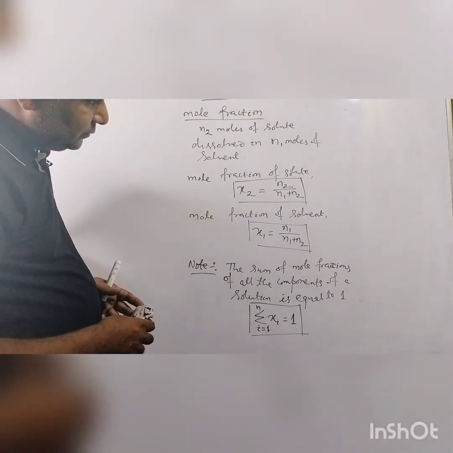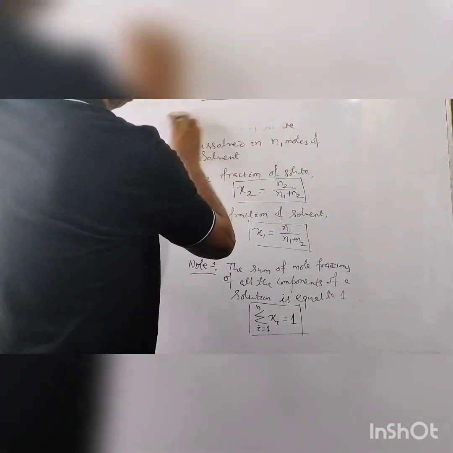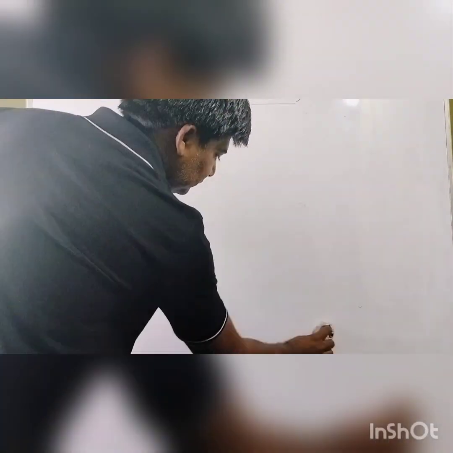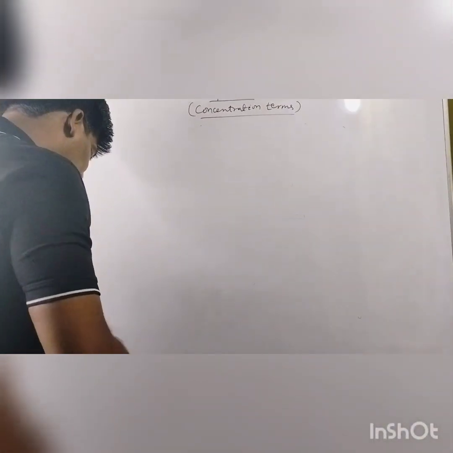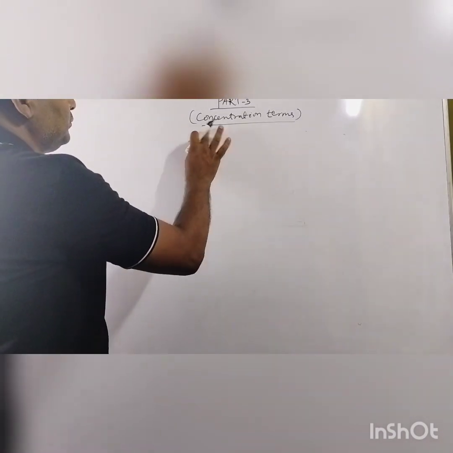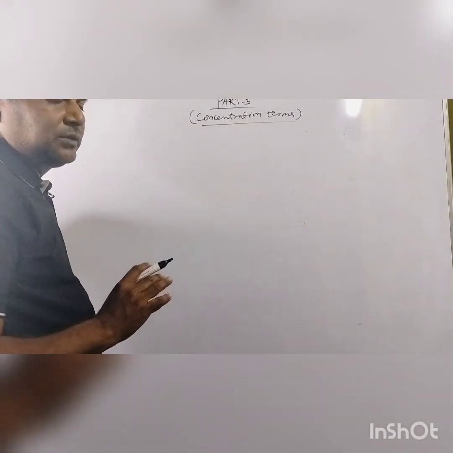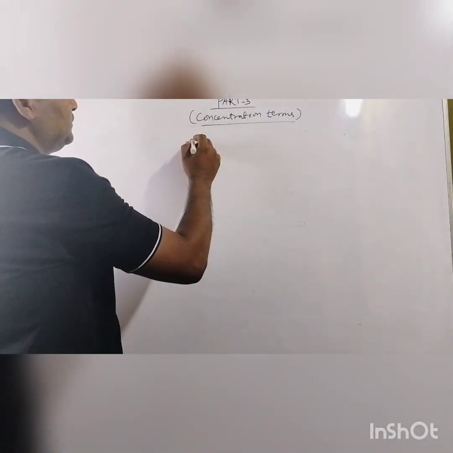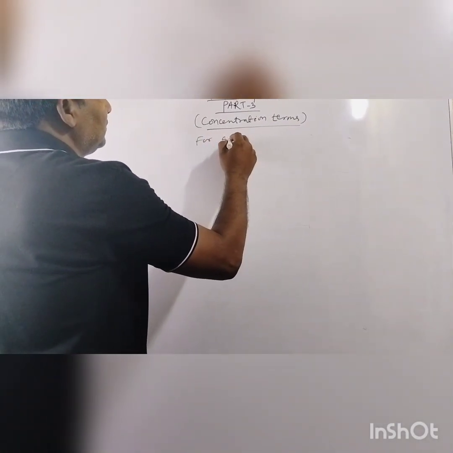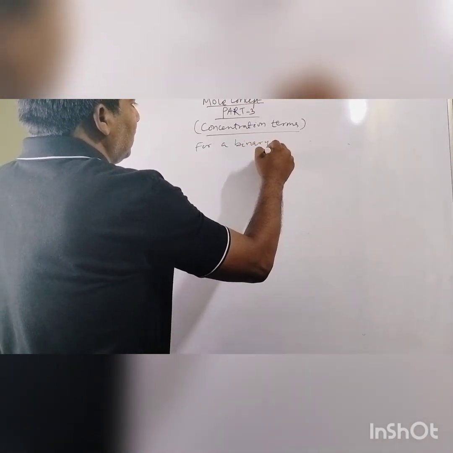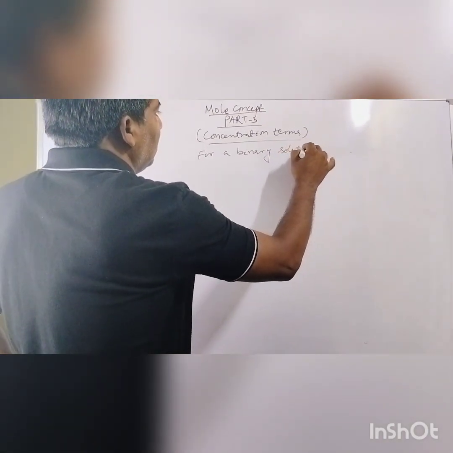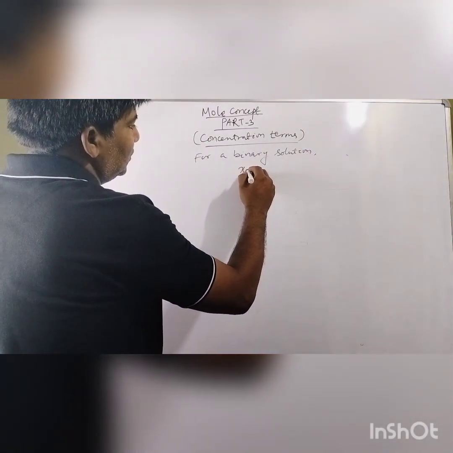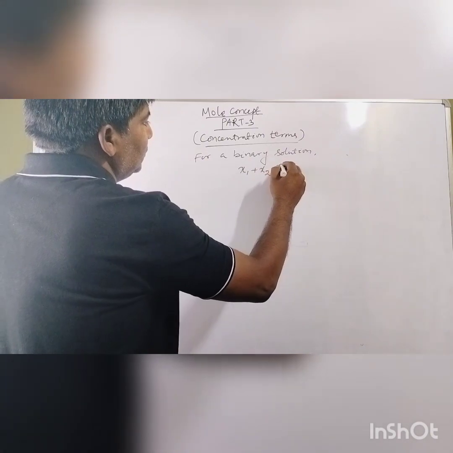Next one, for a binary solution, what is the relationship? Binary solution means a solution having two components, that is one solute and one solvent. So for a binary solution, sum of mole fraction, that is x1 plus x2 is equal to 1.